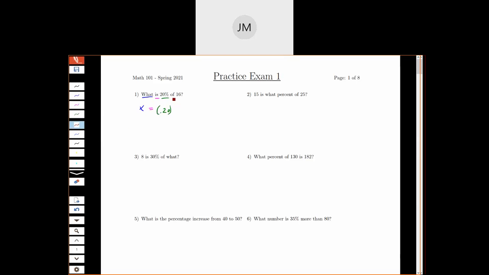Percent of means multiply. And then 16. Once you have an equation written down, it's typically very simple. I'm taking 0.2 times 16. That's my answer.